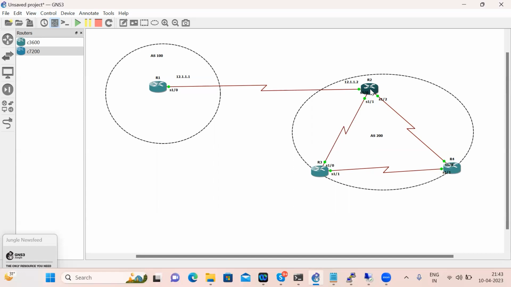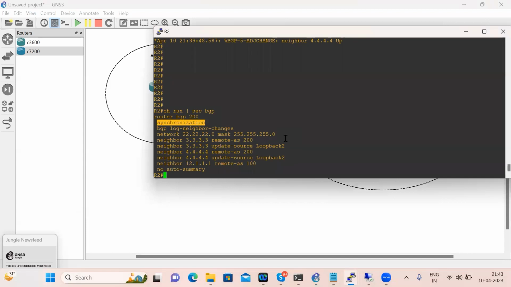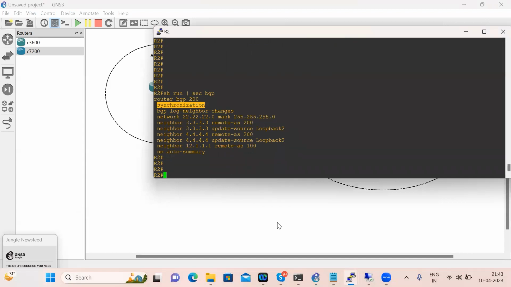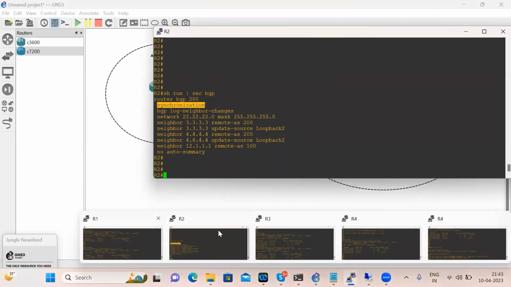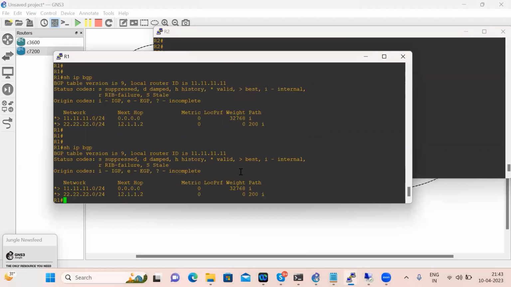Go on router 2, and see the outcome here. You will only get two networks: 11.0, which is the connected network of router 1, and 22.0, which is the connected network of your eBGP neighbor, not the learned network of your eBGP neighbor.